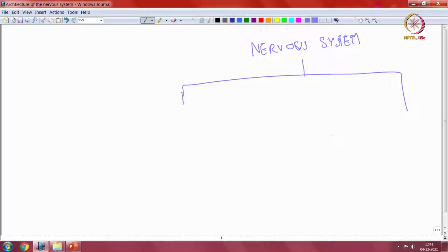So, when we speak about the nervous system, we generally think in terms of input, output and the CPU processing. I think I have highlighted this before.